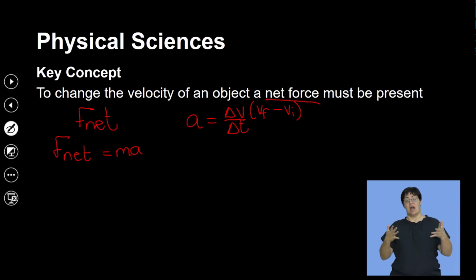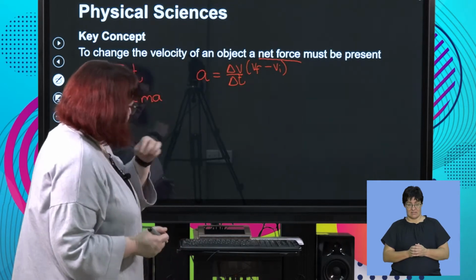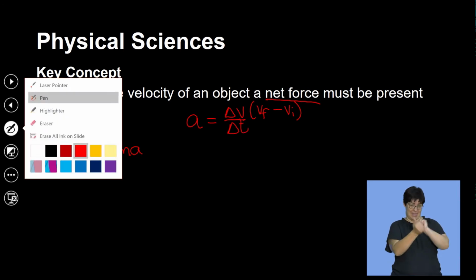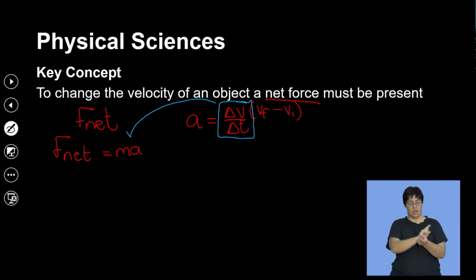It's always final minus initial. Now we go, okay, so I know what acceleration is. Now we're going to do a little bit of a maths thing. So I'm going to take this part of the equation, and I'm going to substitute it in there. So I'm going to take the a away, and this means my equation becomes this.